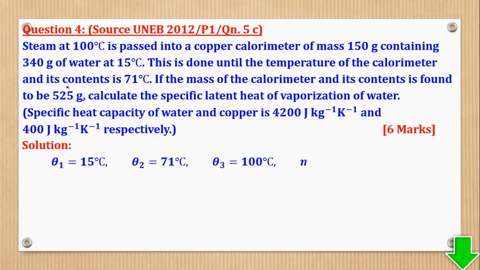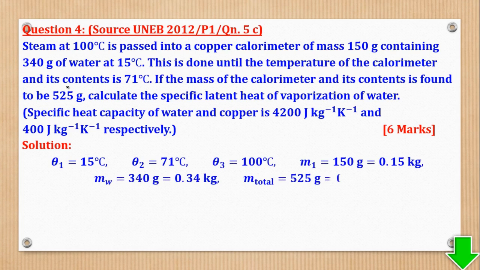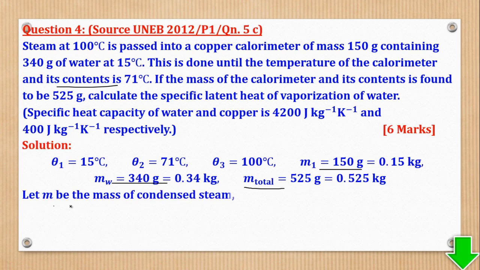One, we have to interpret what is given. This is the mass of water alone initially present, the mass of the copper calorimeter, and the total mass after. So let M be the mass of condensed steam.